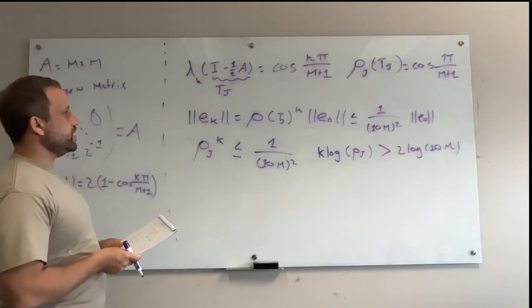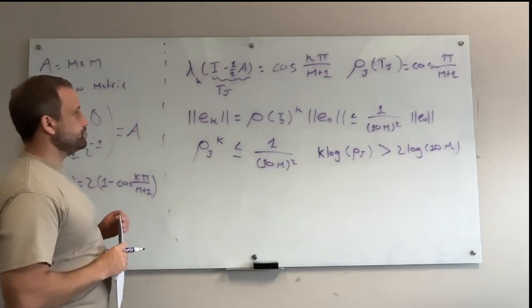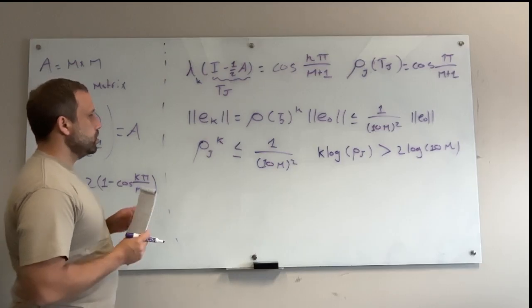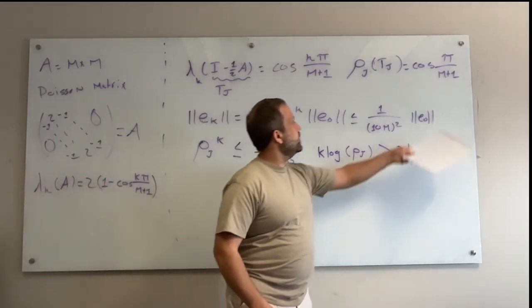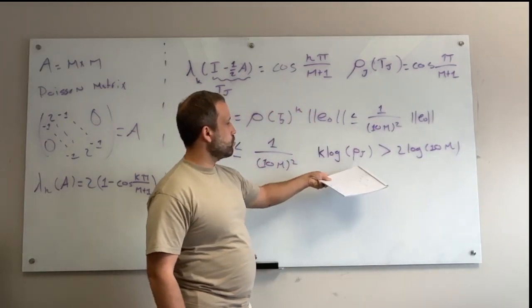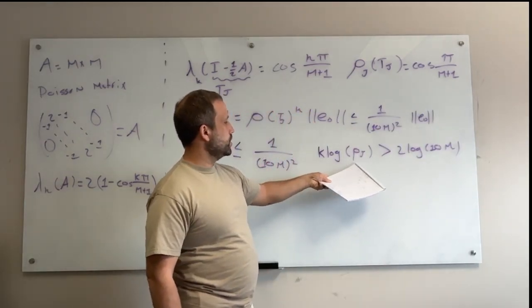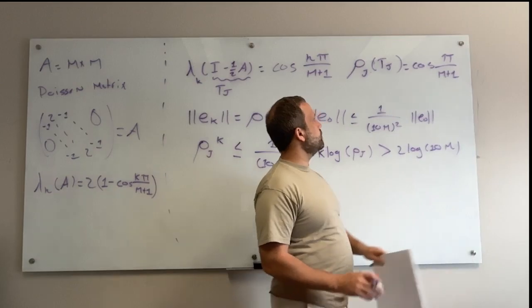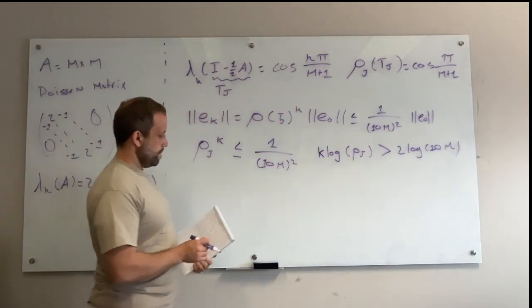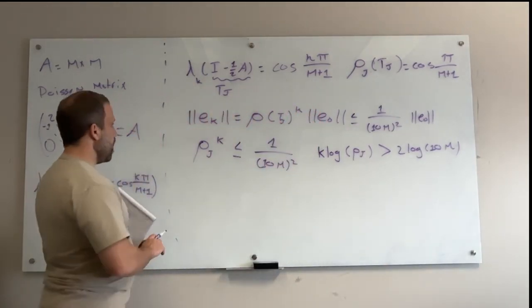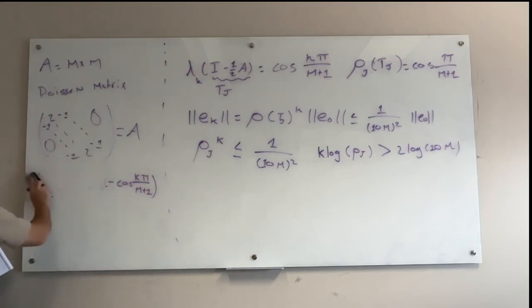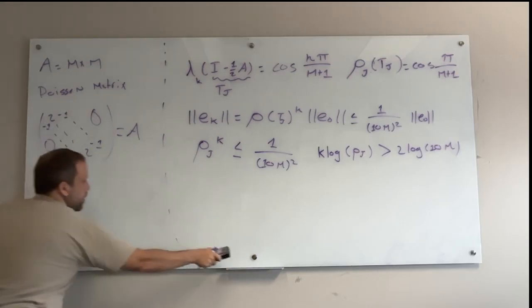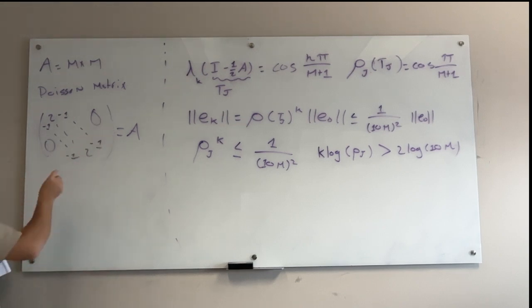Okay, so let's see how we can estimate this. Well, rho j, the spectral radius for the Jacobi iteration matrix, is cosine of pi over m plus 1. Now let me do a little scratch work over here. I want to estimate this using Taylor's series.